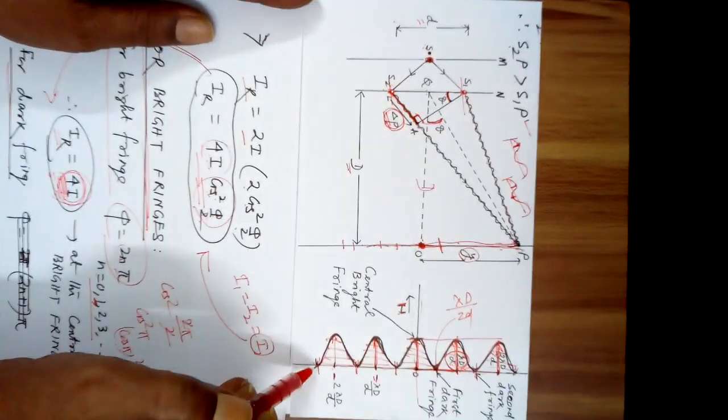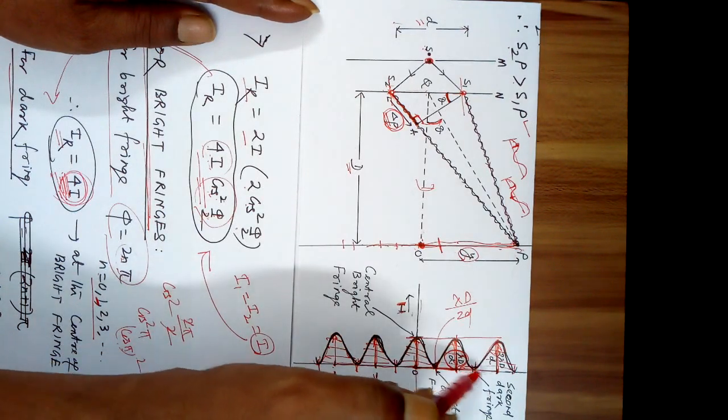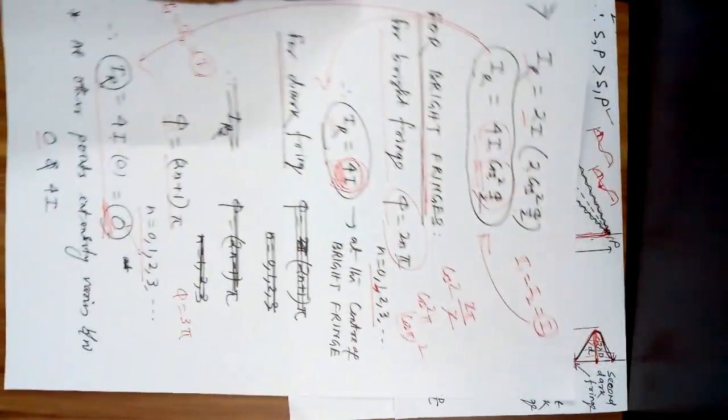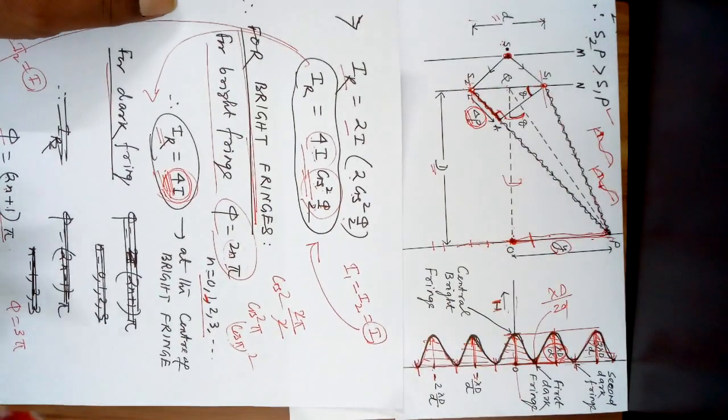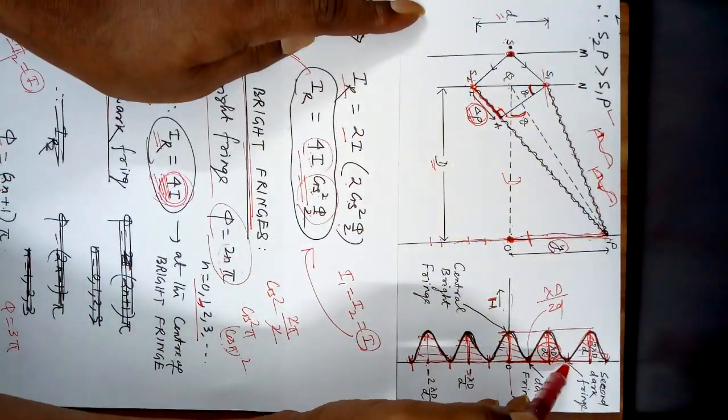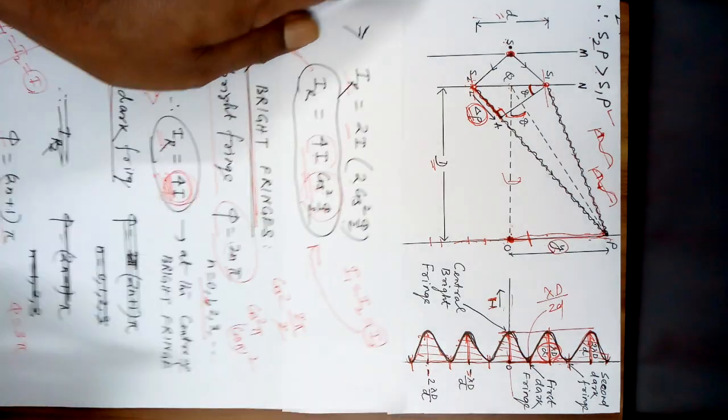But the minimum here, the intensity will be 0. So all other points, excepting these points, will have intensity between 0 and 4I.